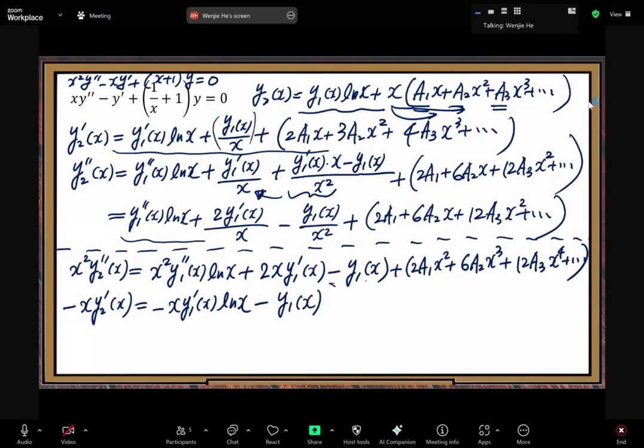So we can combine these two. Then the parenthesis, inside the parenthesis, the negative. Let's put a negative sign out. Inside the parenthesis: 2 capital A1 x squared plus 3 capital A2 x cubed plus 4 capital A3 x to the fourth.